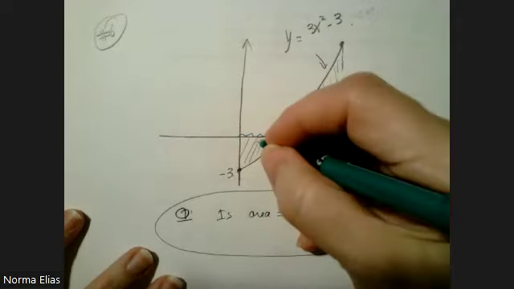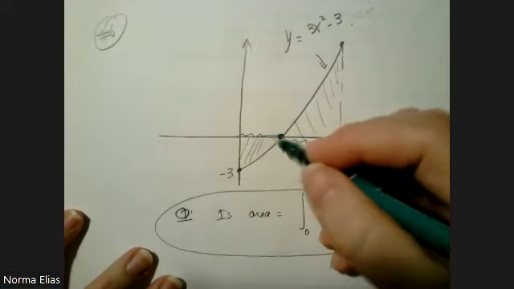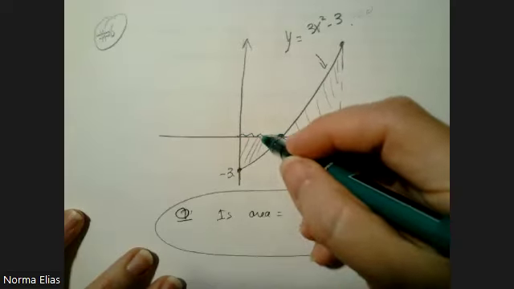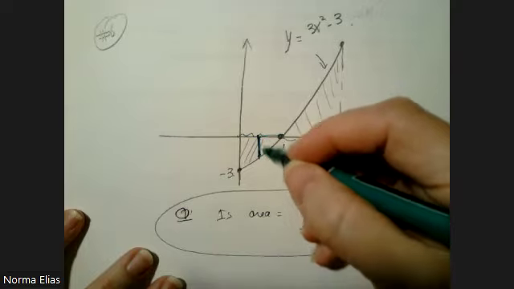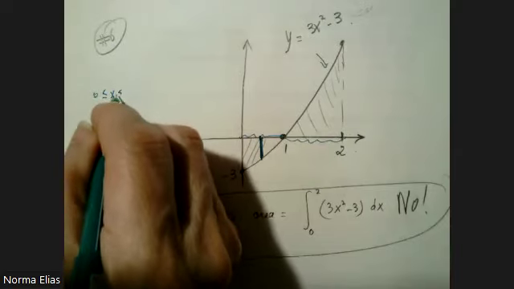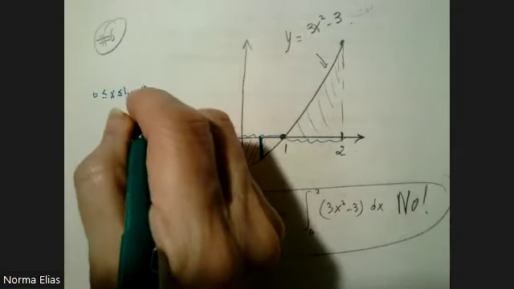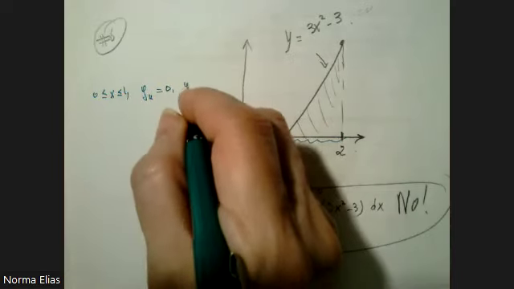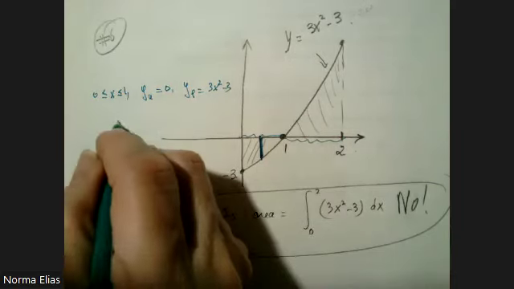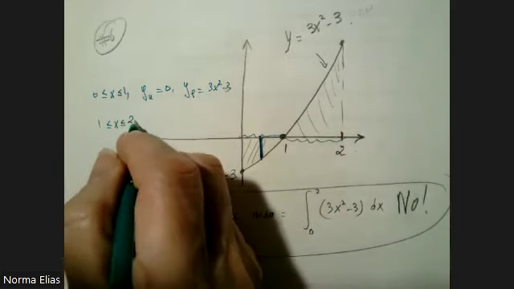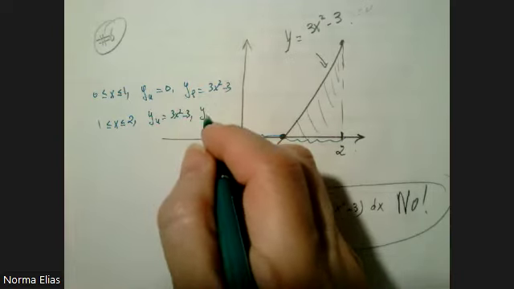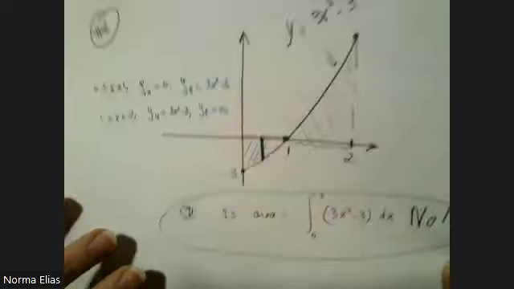Okay, because if we think, two reasons, the integral from 0 to 1 is actually minus this area. So you have to multiply this by minus 1. Another way you can think about it, if you take this little slice, if x is between 0 and 1, the upper curve is 0, and the lower curve is 3x squared minus 3. However, if I am between 1 and 2, the upper curve is 3x squared minus 3, and the lower curve is going to be equal to 0.